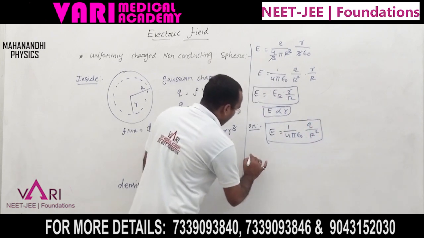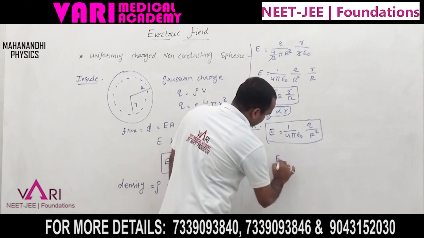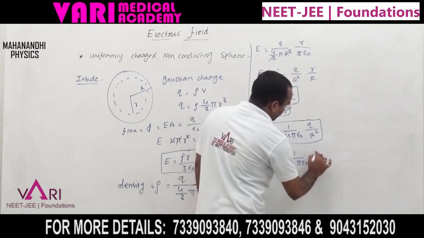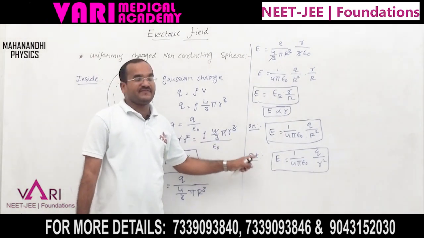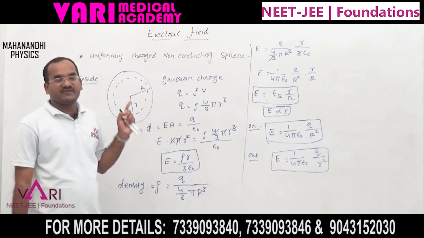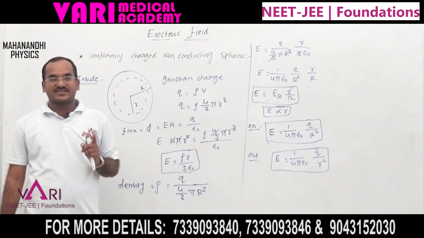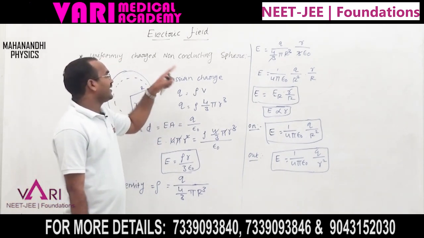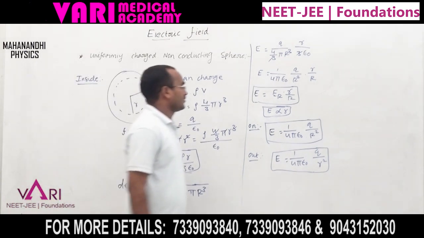Outside, E equals 1 by 4 pi epsilon naught Q by small r square. The only difference is inside: the conducting sphere's electric field inside is 0, while for the non-conducting sphere inside, E equals rho r by 3 epsilon naught.